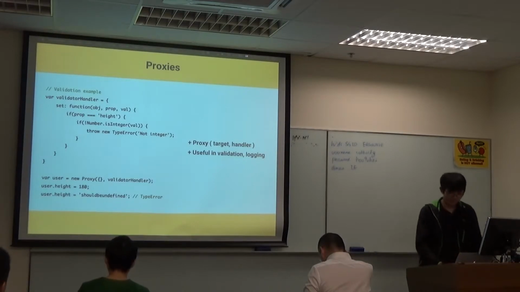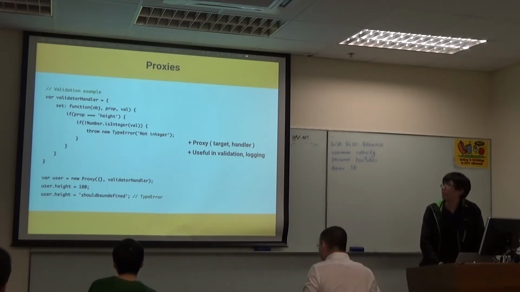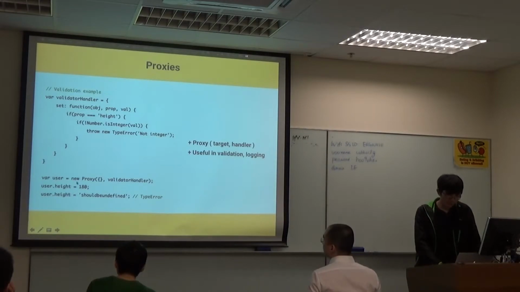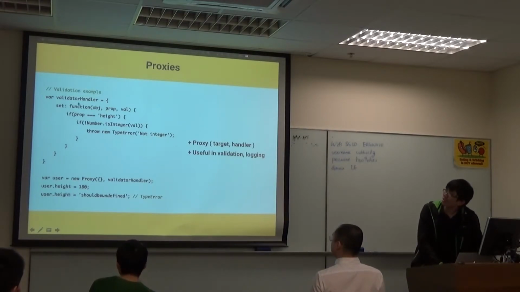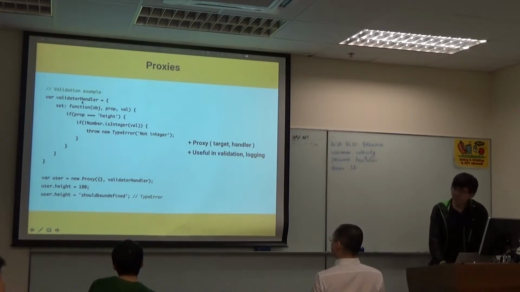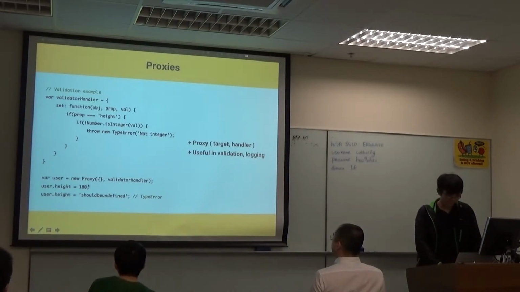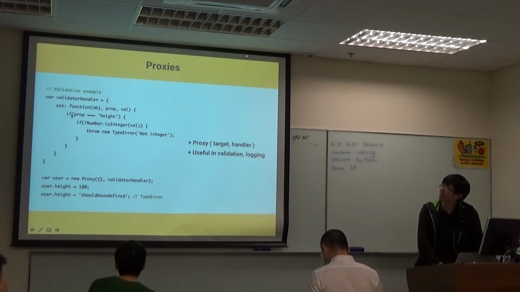Here I can only give a simple example to illustrate the basic idea of proxy. In this example, the target is an object, and the handler is a validator handler. You see there is a set method within this handler. When a new property, say height equal to 180, is defined, the set method is invoked.